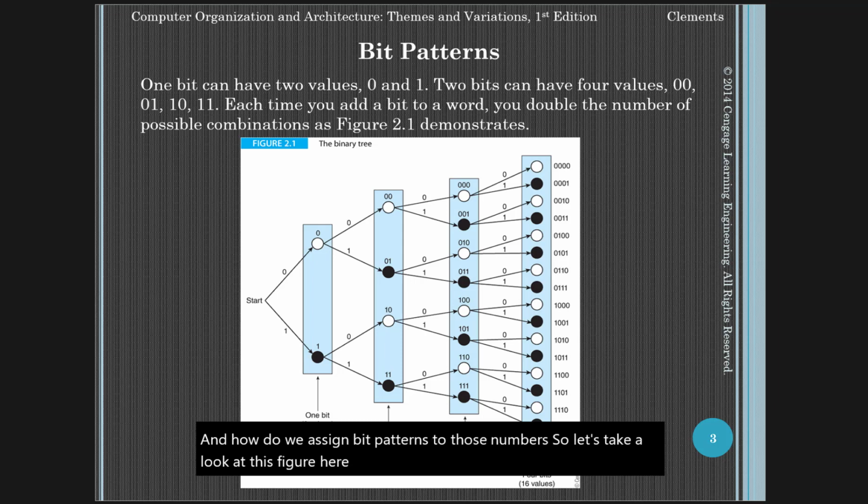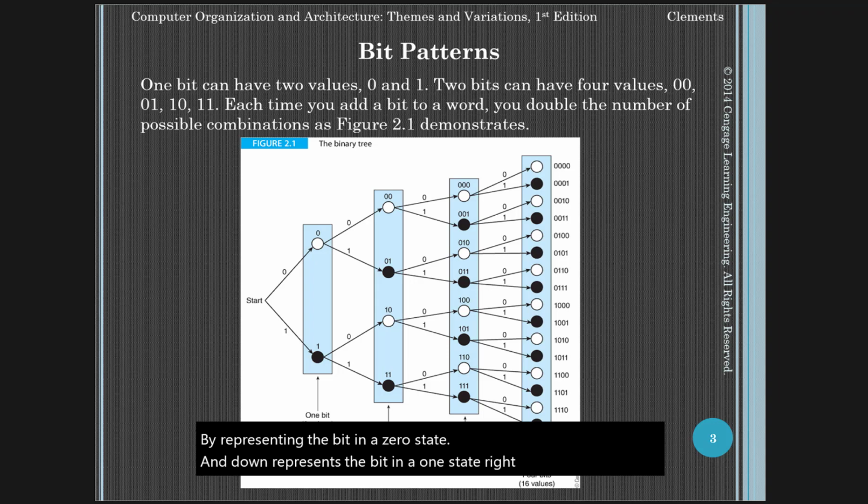This is a nice binary tree that demonstrates how we can generate a sequence of binary values using 1 bit, 2 bits, 3 bits, and 4 bits. So starting on the left-hand side, you can see where it says start. With a single bit, we can move along one of 2 paths: up represents the bit in a 0 state, and down represents the bit in a 1 state, right?